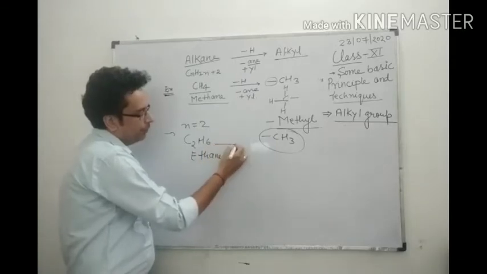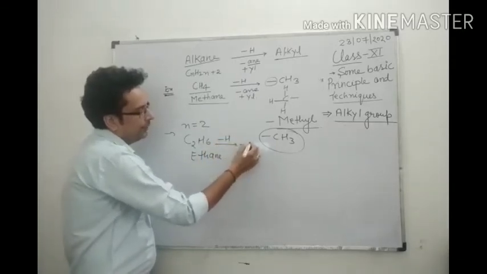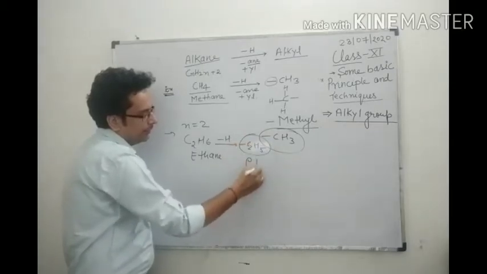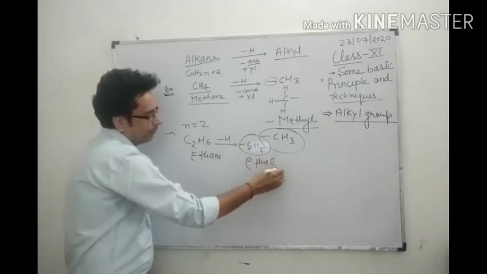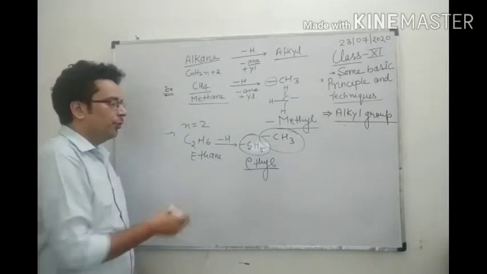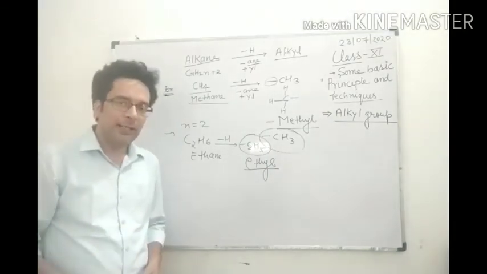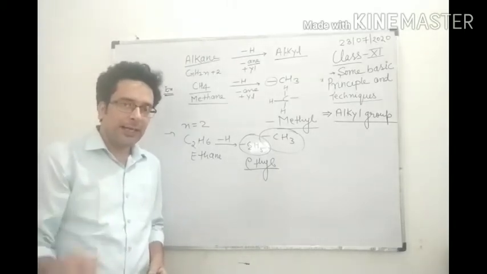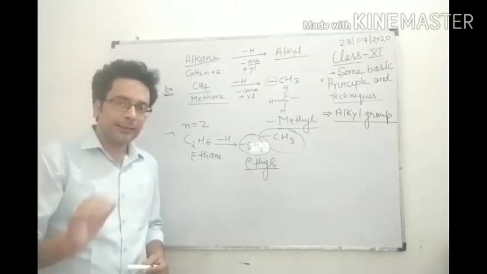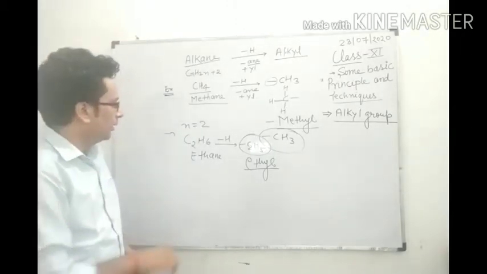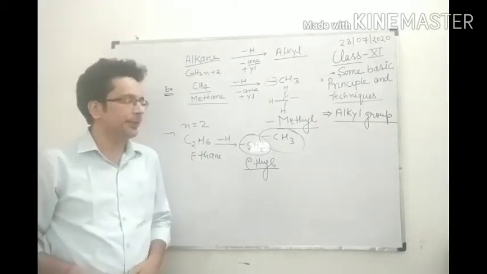When you remove one hydrogen, we obtain C2H5, and the name of this group is ethyl. And so on: propyl is obtained from propane, butyl from butane, pentyl from pentane, hexyl from hexane. So these are about the alkyl group.